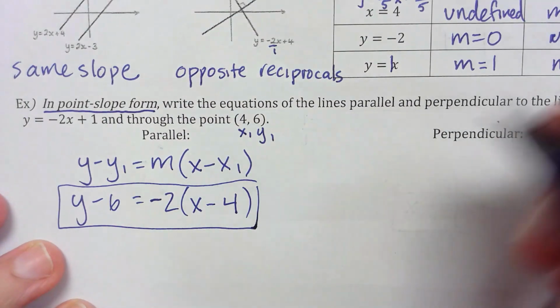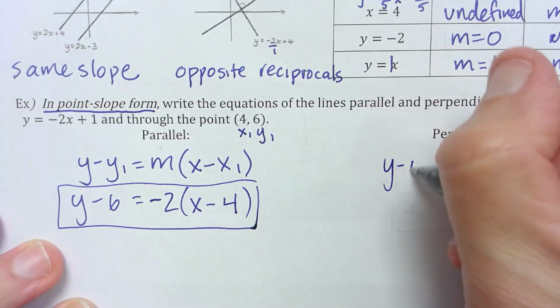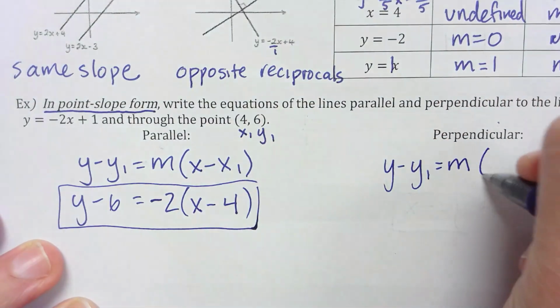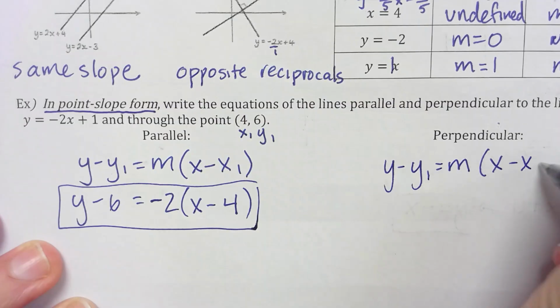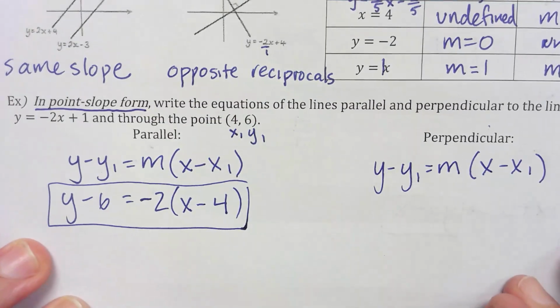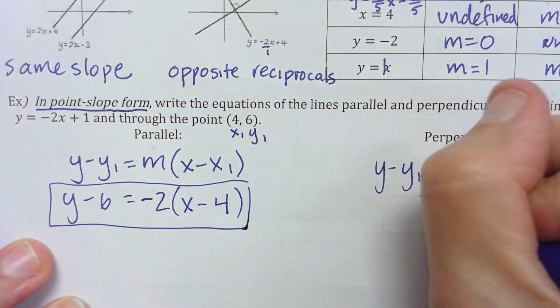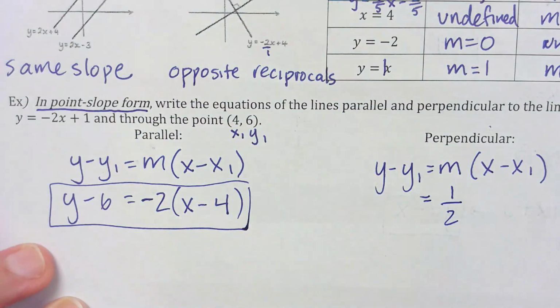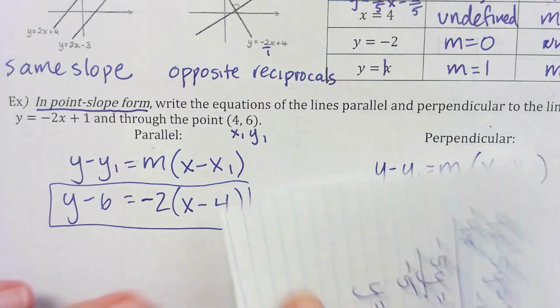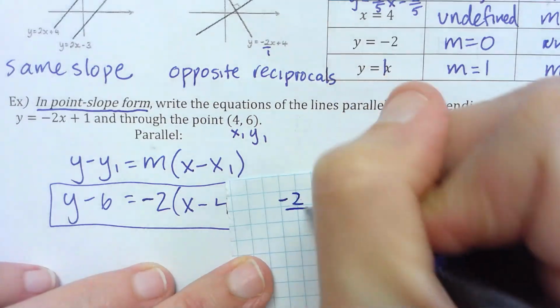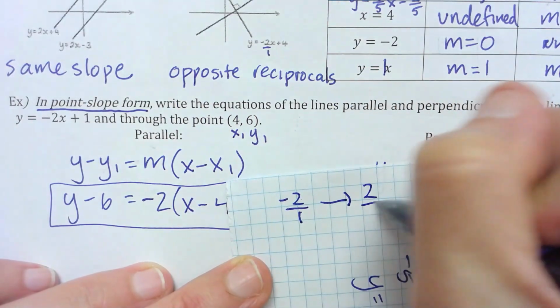If it's perpendicular, and again, this might seem redundant to you, but for me, I need a little extra help with point slope form. If the line is perpendicular, then I know that the slope is going to be positive 1/2, because you're going to take that negative 2 over 1, and you're going to flip it and change the sign.